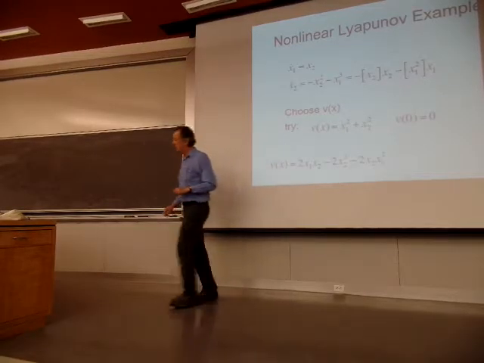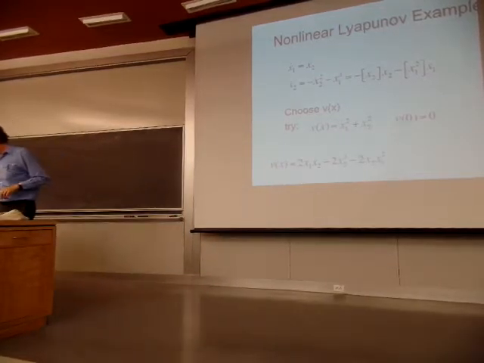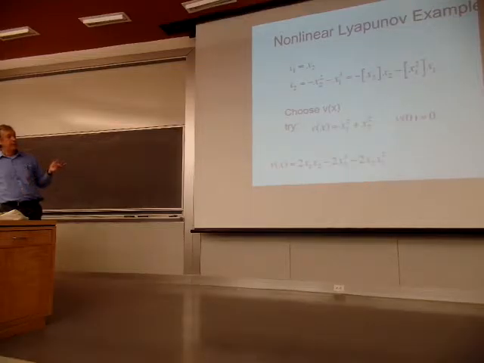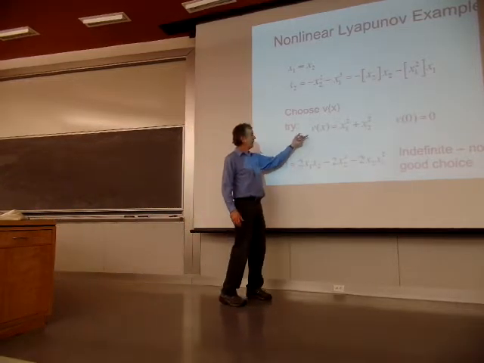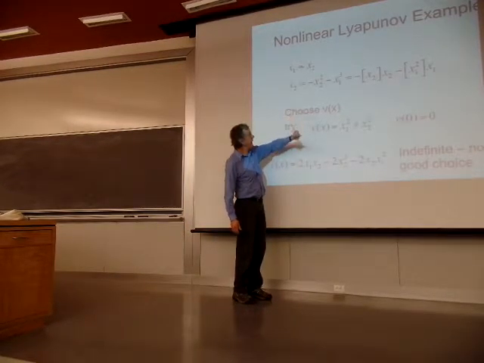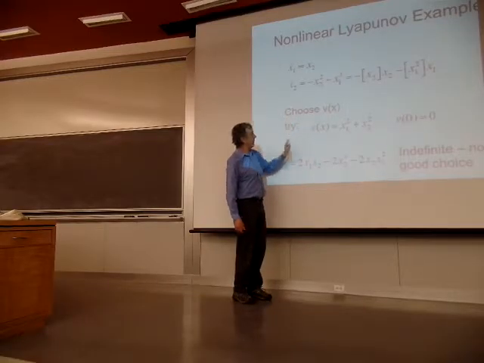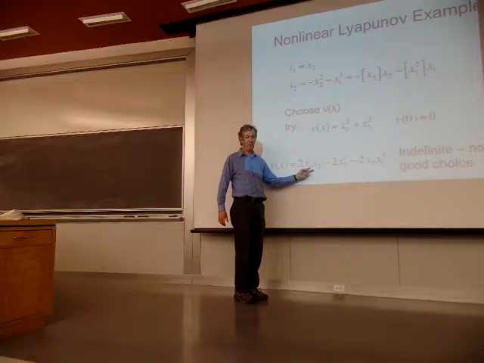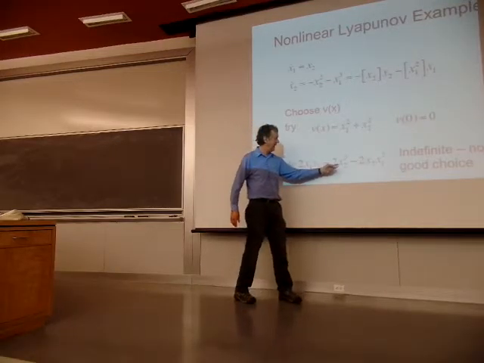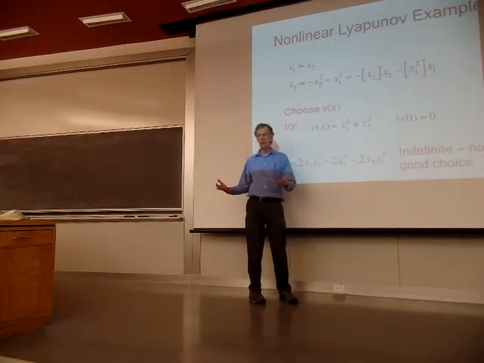And do that, put in the state equations. Right? It's indefinite though. So I took the derivative of this, put in the state equations for what x1 dot, x2 dot are, and I get this thing, which is x1 x2, not necessarily the best thing, x2 cubed.